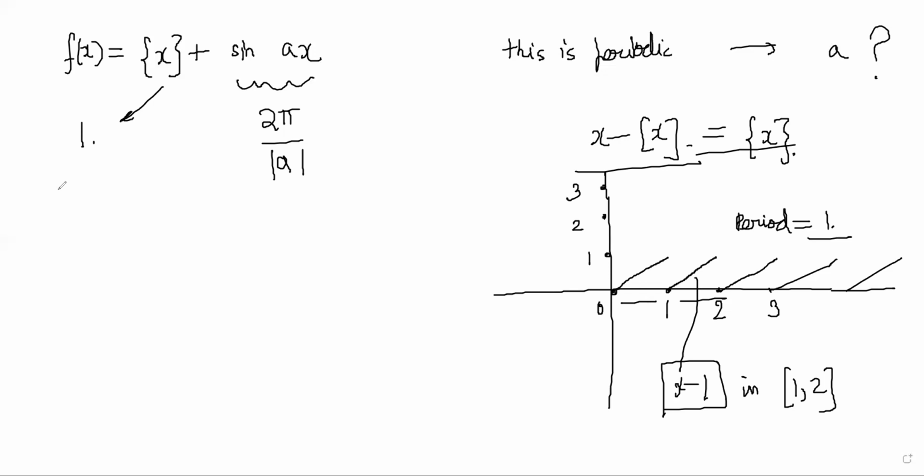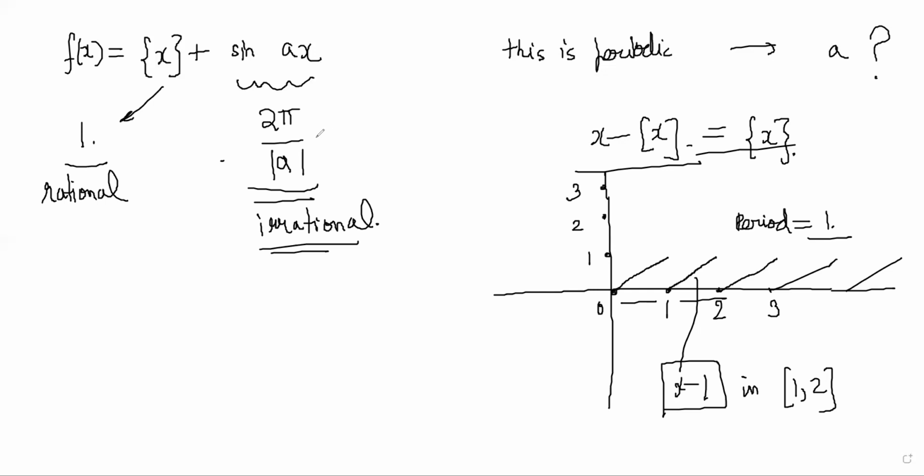Now the overall thing is periodic, which means we have to take the LCM of this and this. This is a rational number and this is irrational. The LCM of rational and irrational will not be possible unless this also somehow becomes rational.